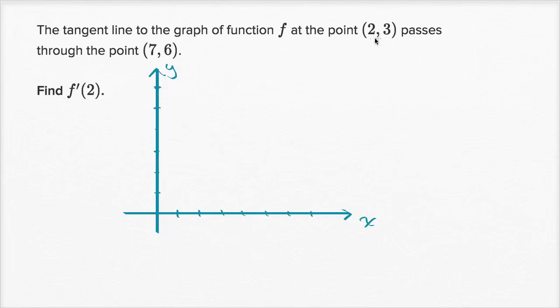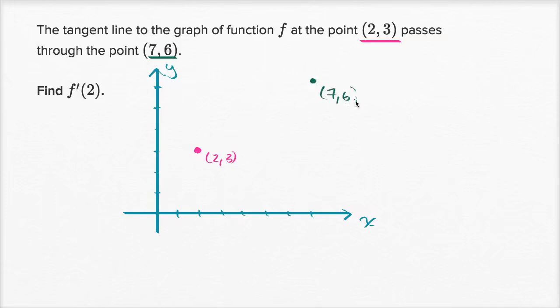Now we have the point (2, 3), so let me mark that. (2, 3) is right over there. And we also have the point (7, 6), which is going to be right over there.